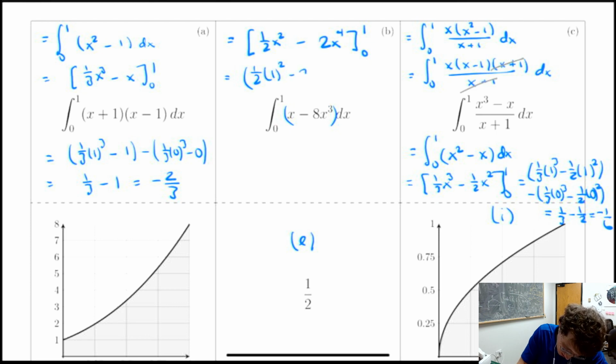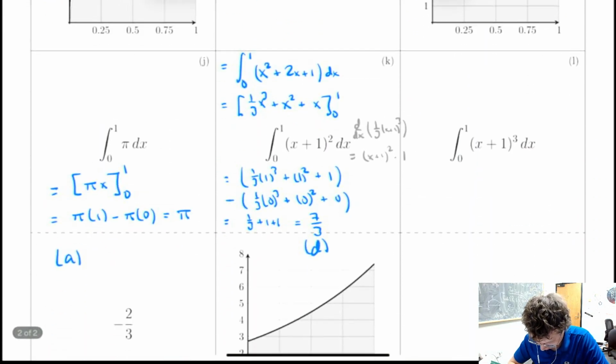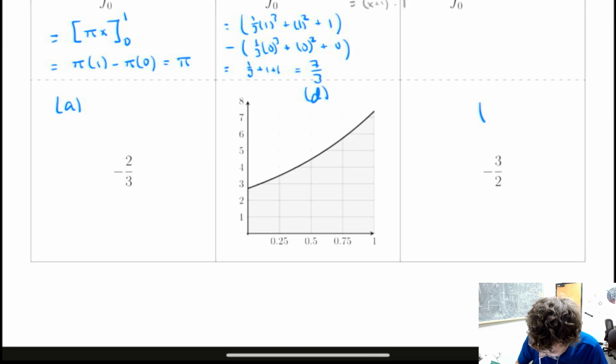Plug in 1. Plug in 0. Subtract. Comes out to minus 3/2. There is a minus 3/2.